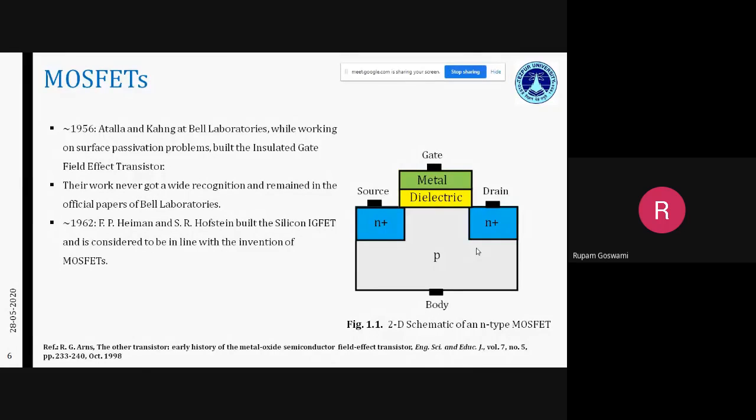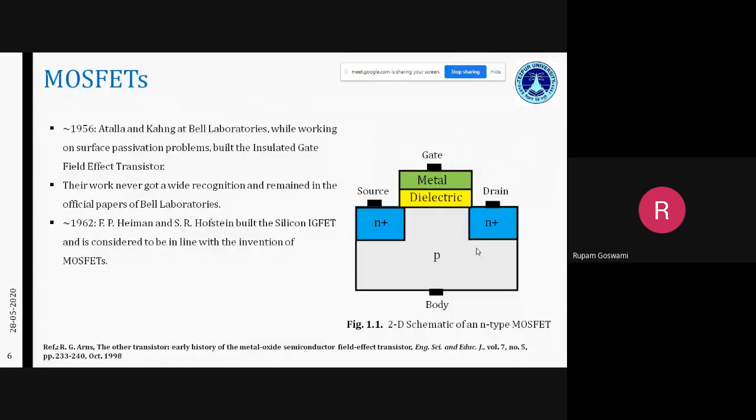Say he takes only 2% of your profit, you don't have any problem. But if he tries to take over around 90% or say 50% of your profit, that becomes a problem to you. This person who has come for the lease is the drain we are talking about, and you are actually the gate. You were controlling the sweet shop business, and now you find someone else coming and taking your profit. So the short channel effects can be very well explained with this example.